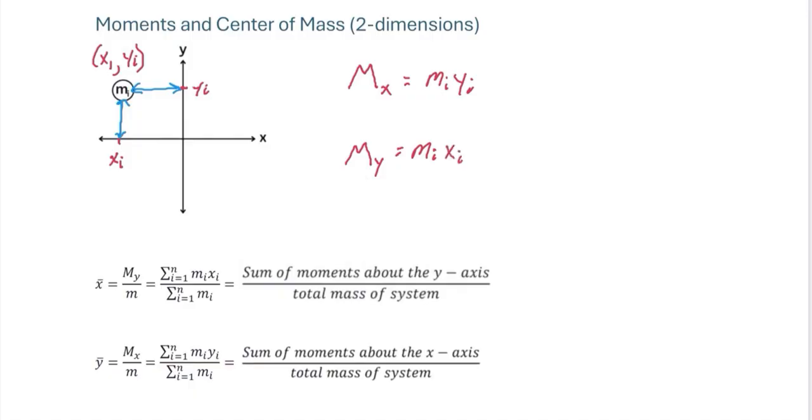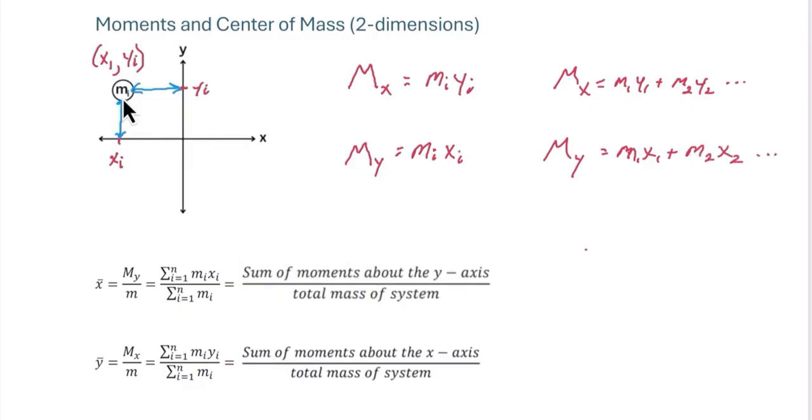If we extended this to a system and had more than just one mass, we would add them up. We would have m1 y1 plus m2 y2 and so on, and the moment about the y-axis would be m1 x1 plus m2 x2 and so on.